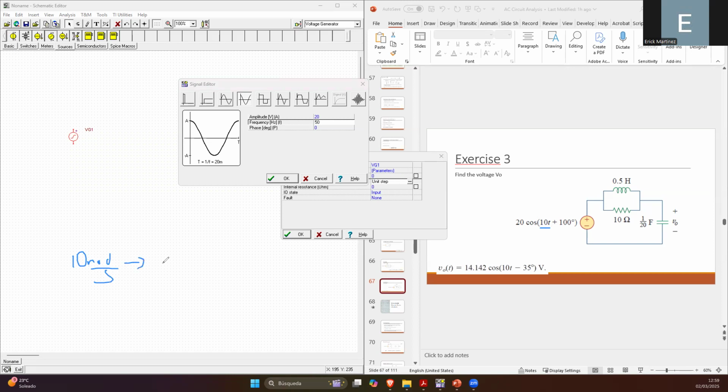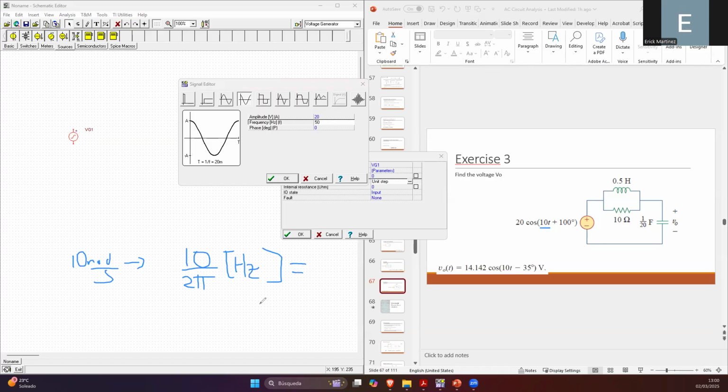To do that, we take this value and divide it by 2 pi, and we will have the units in hertz. If you do that, you will obtain the following frequency.